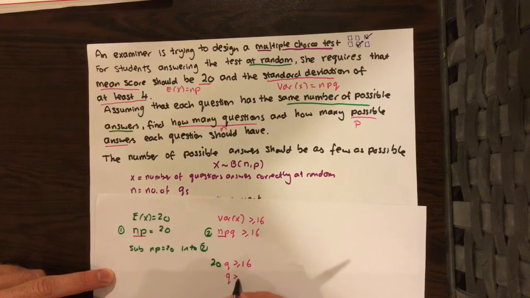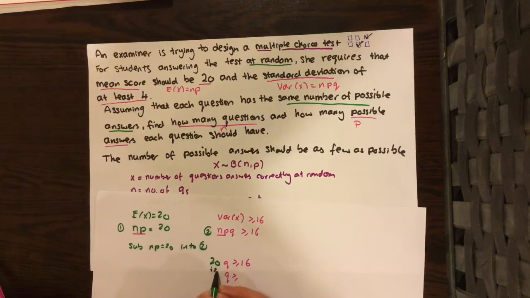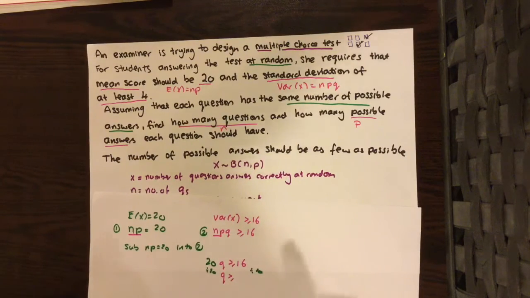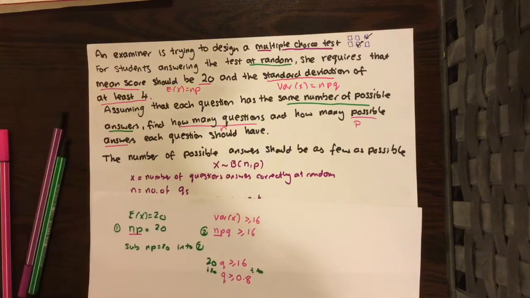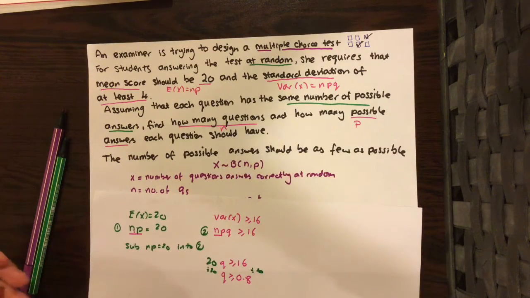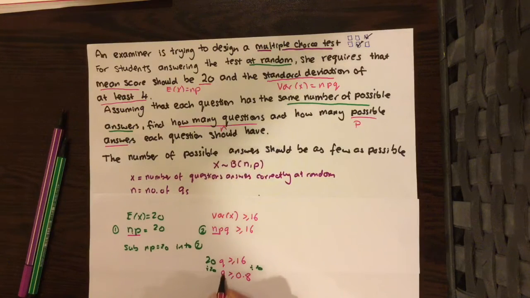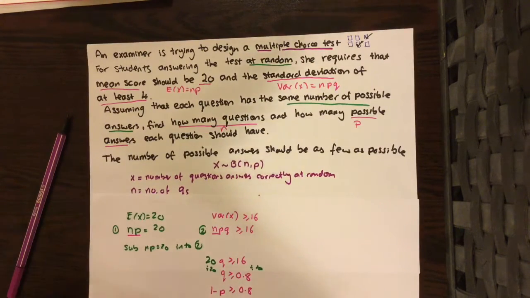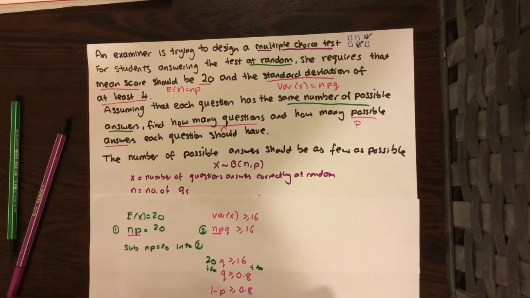So q is bigger than or equal to 16 divided by 20 on both sides, which is 0.8. Now remember, of course, that q is in fact the chance of failure, so q is 1 minus p. So 1 minus p is bigger than or equal to 0.8. I'm going to subtract 1 from both sides, so negative p is bigger than or equal to negative 0.2.